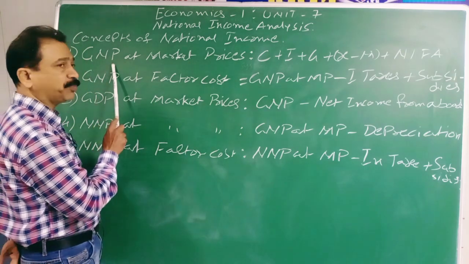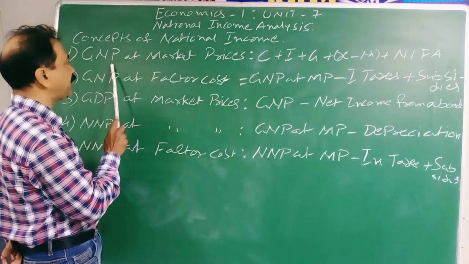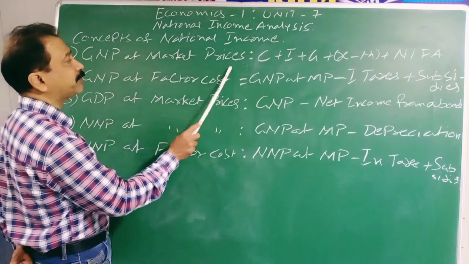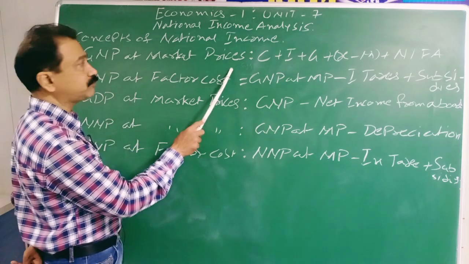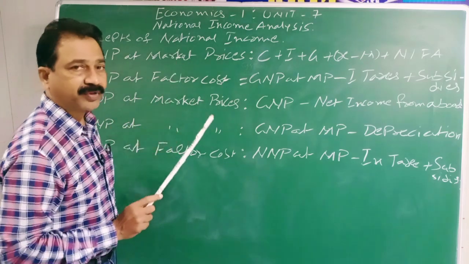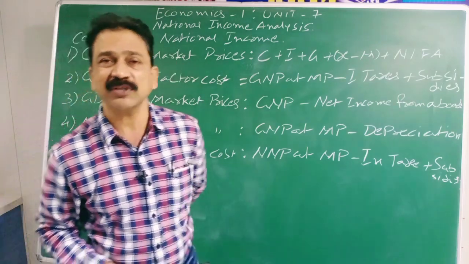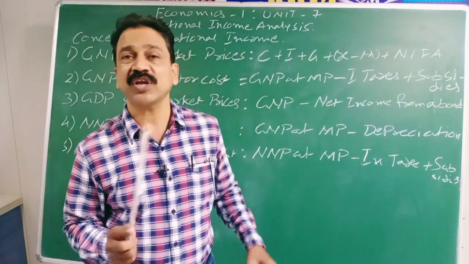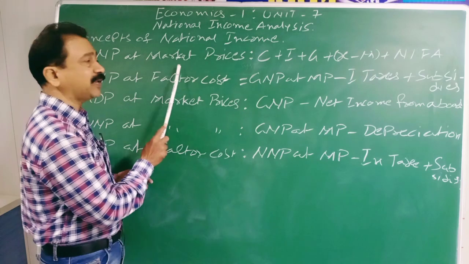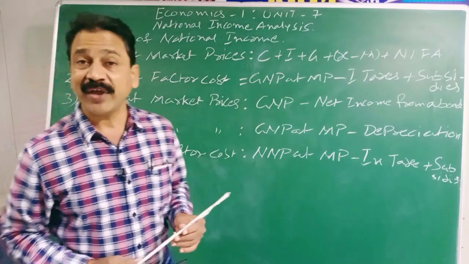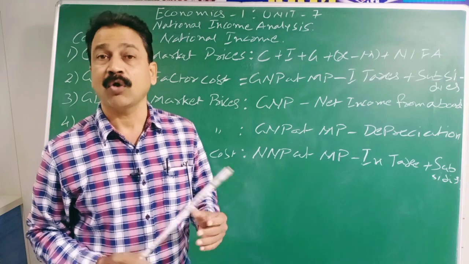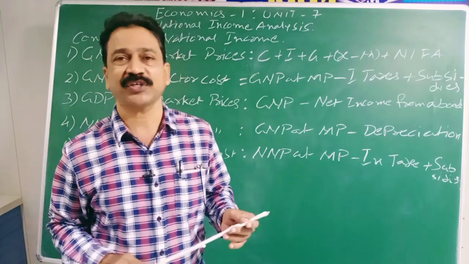GNP means gross national product at market prices. What is meant by GNP at market prices? Here, where it is produced is not important; who produced it is more important.